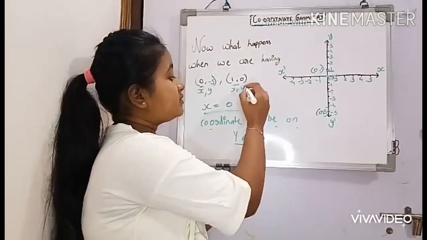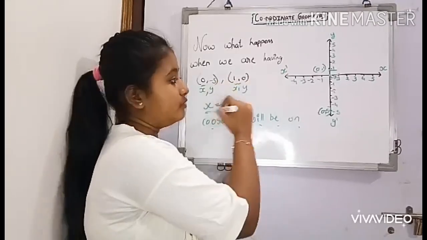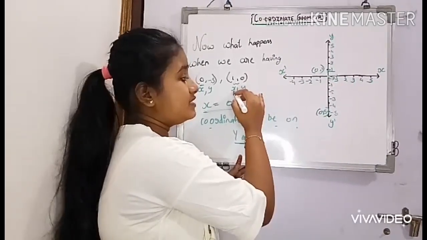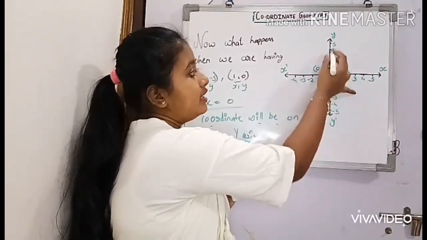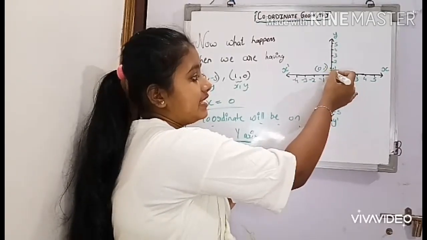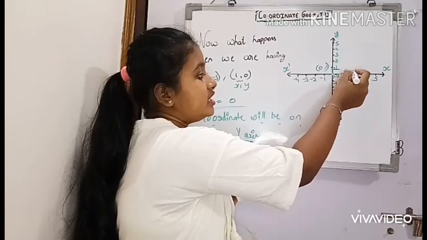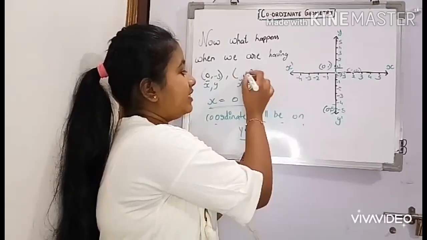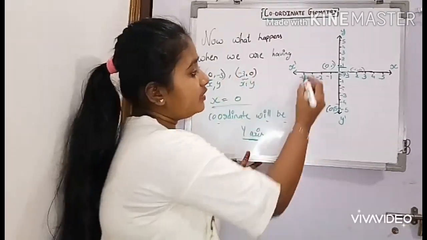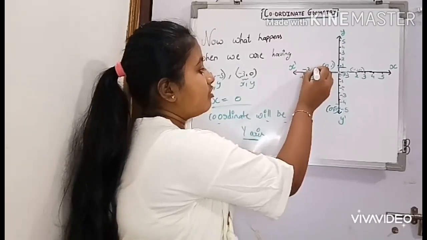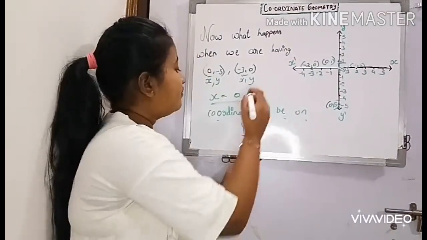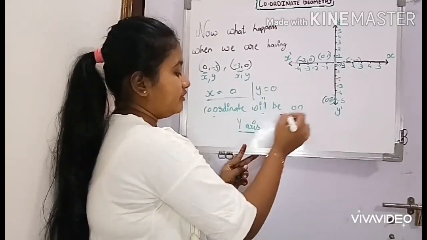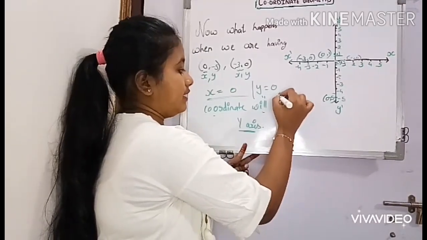And what happens when y is 0? It will lie on the x-axis. For example, if x is 1 and y is 0, the answer will be 1, 0. If x is -3, the answer will be -3, 0. Vice versa, whenever y is 0, the coordinate will be formed on the x-axis.